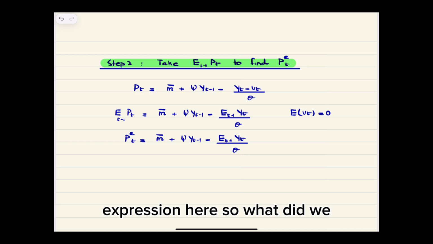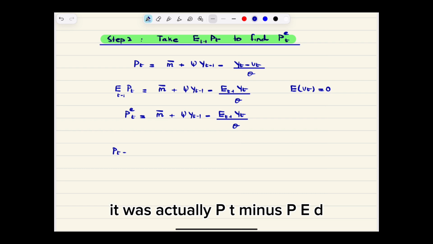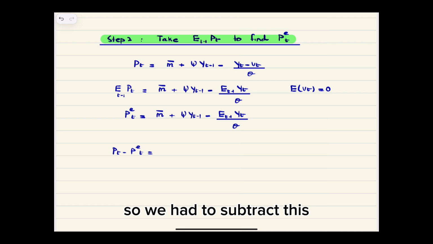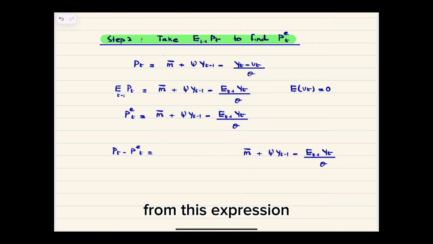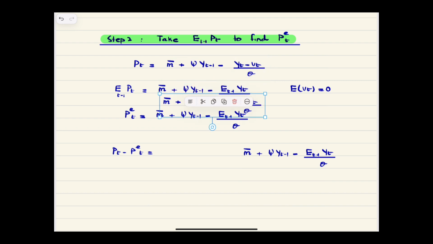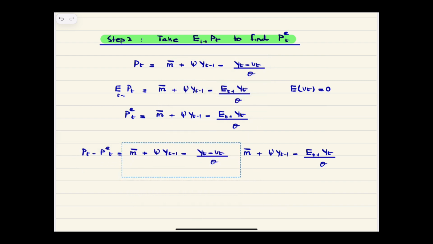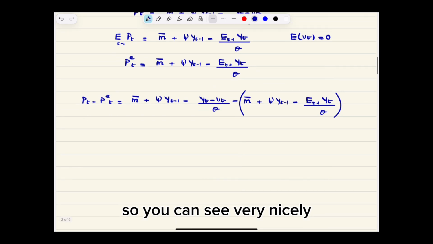So what expression was in the aggregate demand curve? It was actually pt minus pet. So we had to subtract this from this expression. Let's do it. Okay. Here we go. So you can see very nicely the m cancels out with the m.